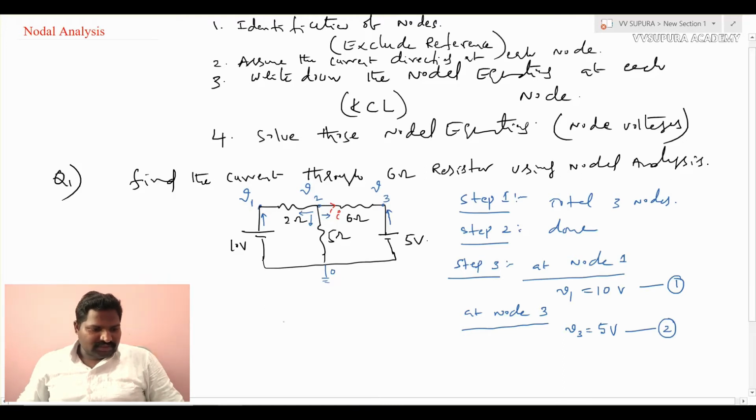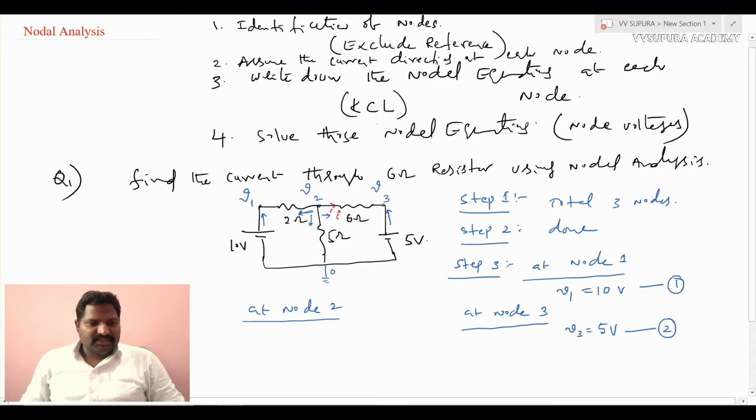And at node 2, we have to be very careful. At node 2, the voltage is V2. If you observe here at node 2, how many currents are leaving? 3 currents are leaving.